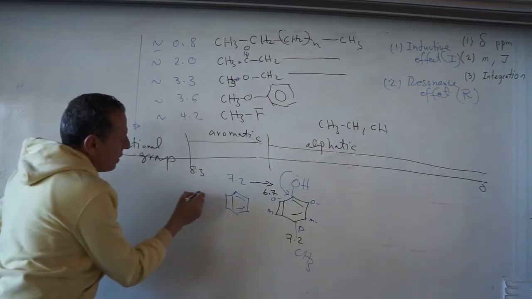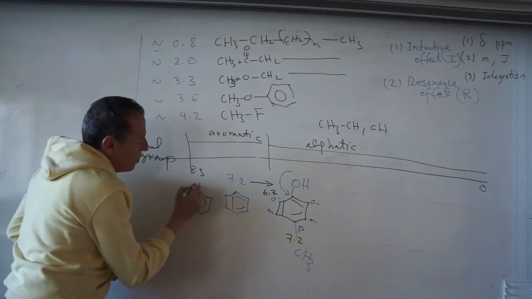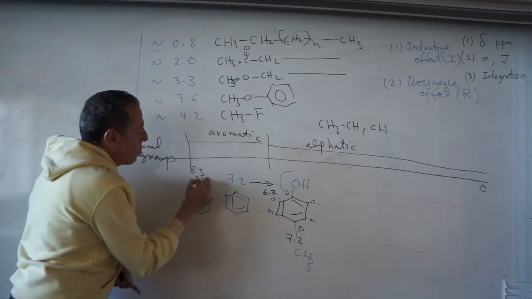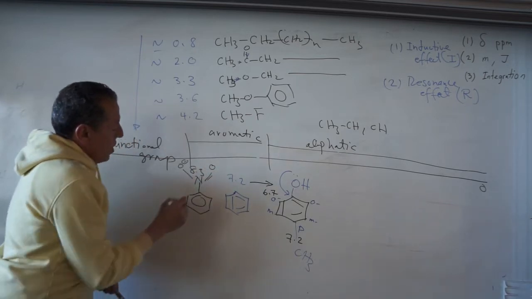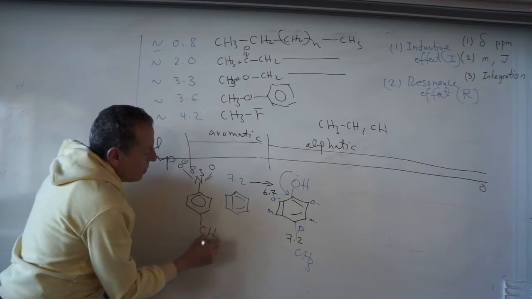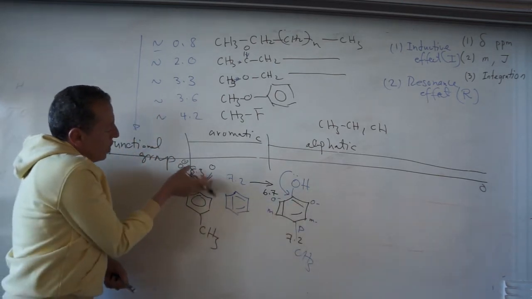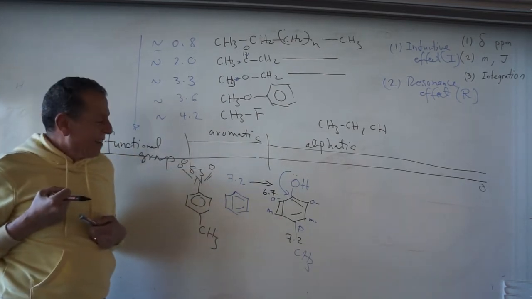If you take another example, instead of adding a hydroxy group as an electron donating group, it will be an electron withdrawing group, like nitrobenzene. Right? And here is the methyl group. So these are exactly the same, but the nitro group will withdraw the electrons from the benzene ring.